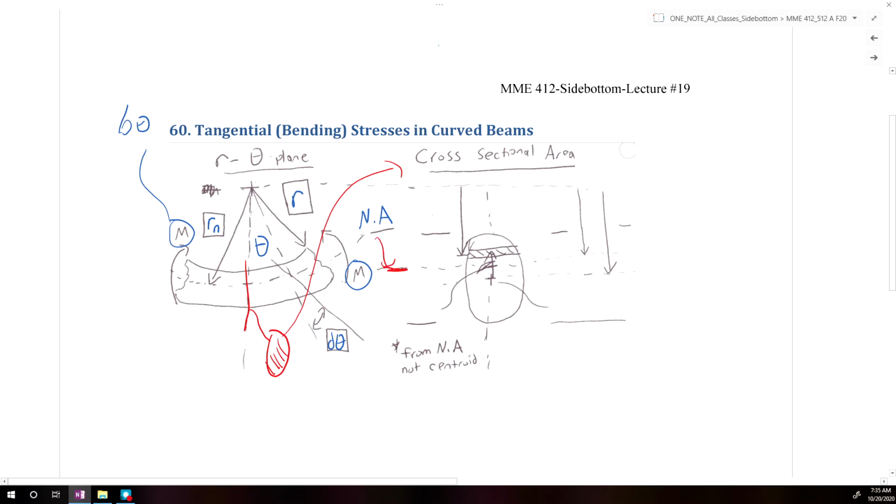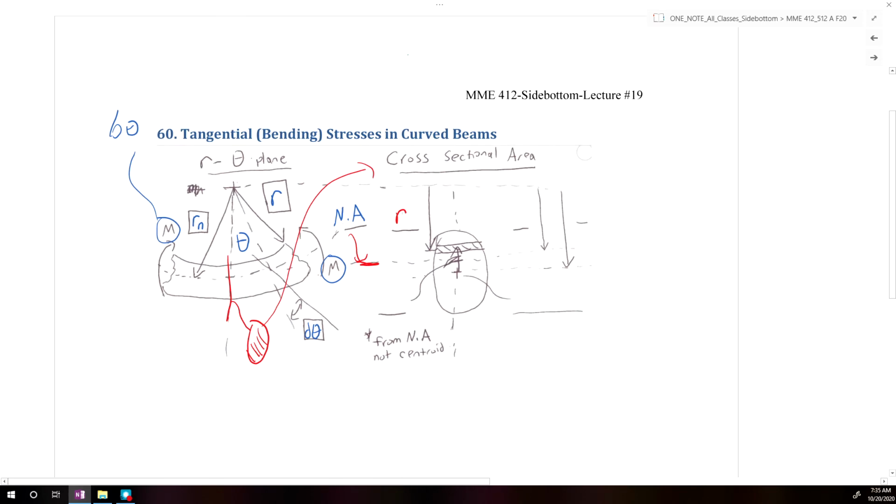We have our radius R. We have the radius to the neutral axis Rn. We have the radius to the centroid Rc, and then we have the centroid of our section.